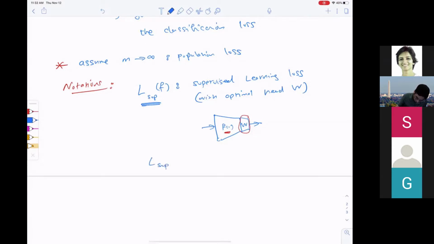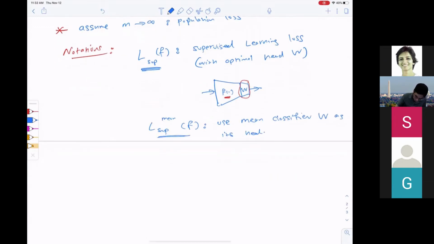So that's what they call L sup mean, where we are using the mean classifier W as its head. So two notations.